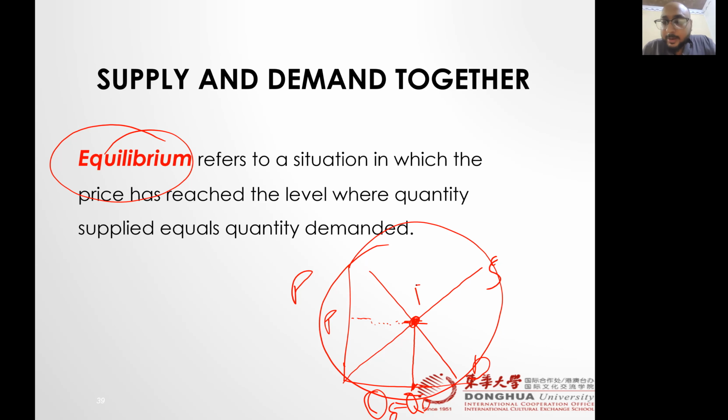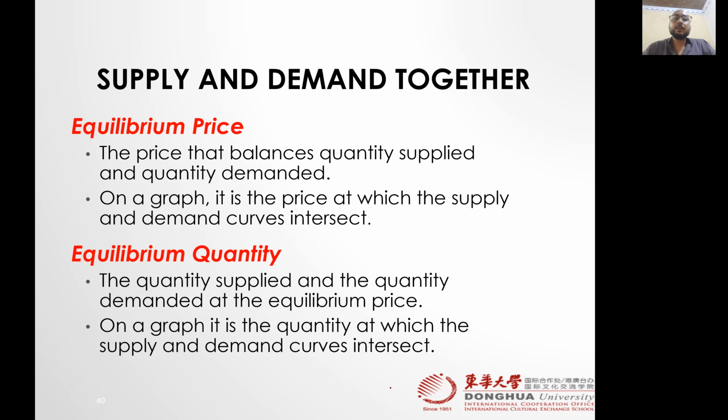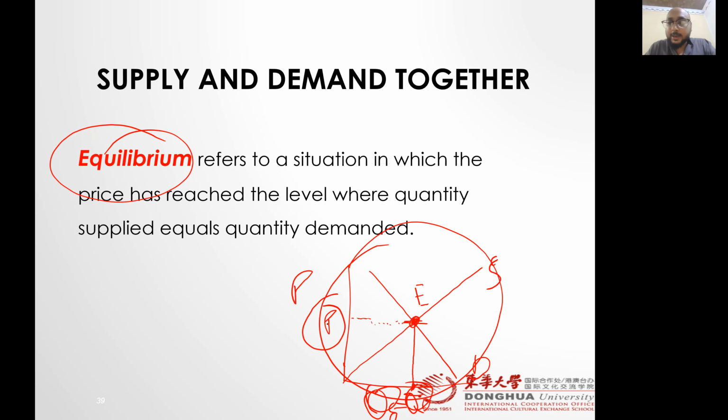So equilibrium is a position on which price has reached the level where quantity demanded is equal to quantity supplied. So what is the equilibrium price? So this price is called equilibrium price, and this quantity is called equilibrium quantity.